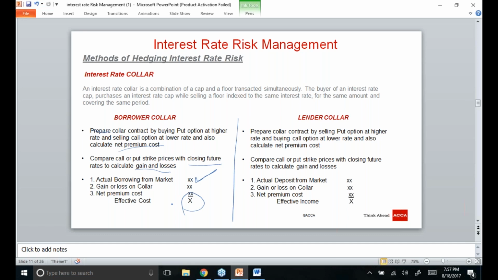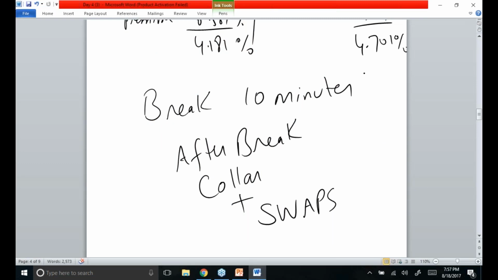So these are the steps. Now we are going to learn these steps with the help of a question. Apply these steps by looking at this slide in the next question. Okay, let's move to the question.